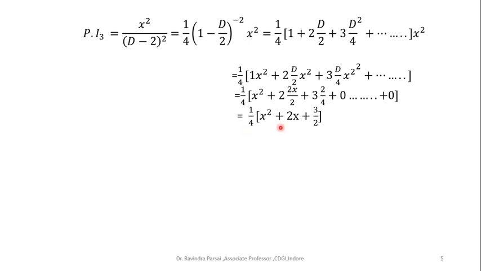After simplification, this gives 1 by 4 of x square plus 2x plus 3 upon 2.